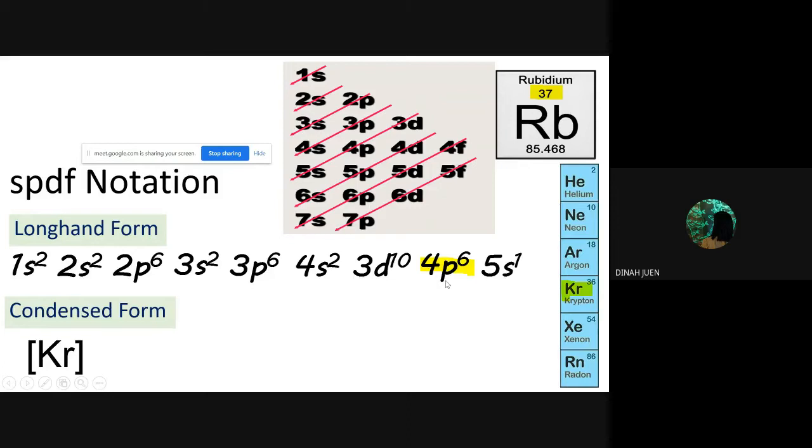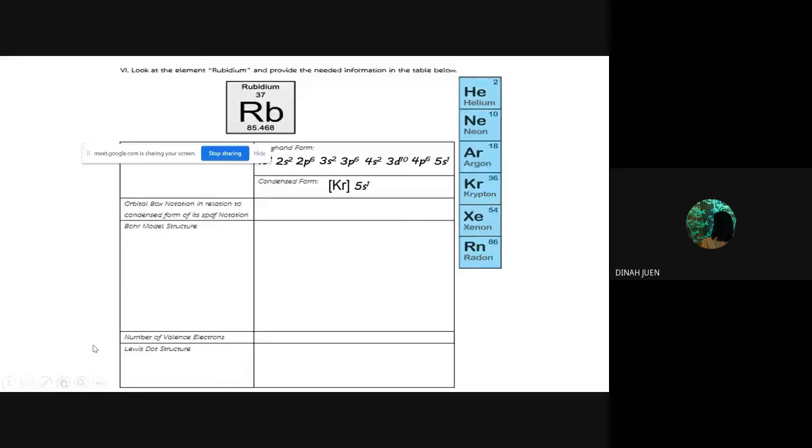Next, we will write the remaining one, which is 5s1. Actually, class, you can also write 5s only, because if there's no number here, it means there's 1. So you can write 5s1 or 5s; 5s is still correct. So this is the condensed form. If you look at the paper, it will look like this. You will be writing like this as your answer.